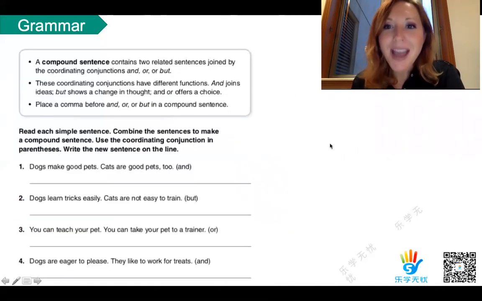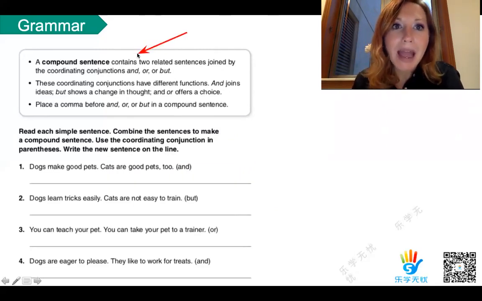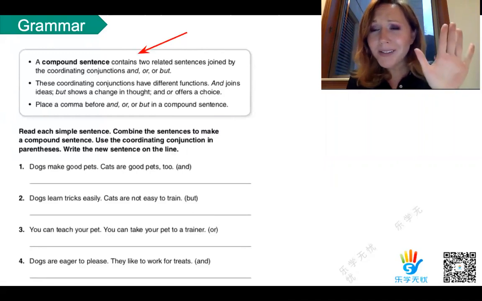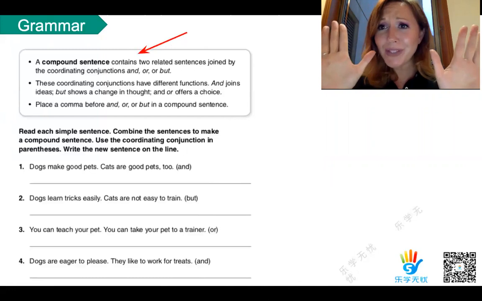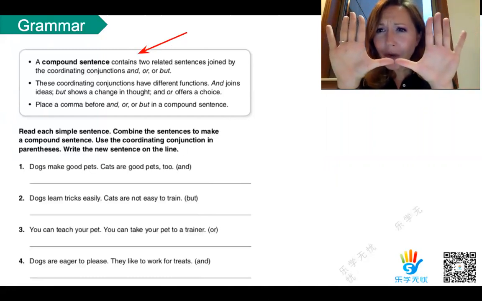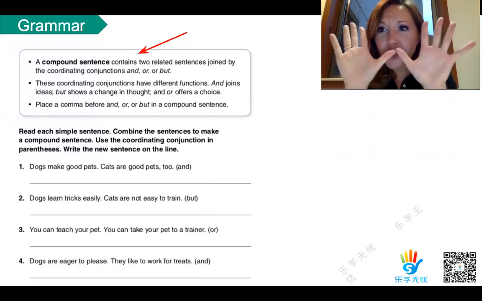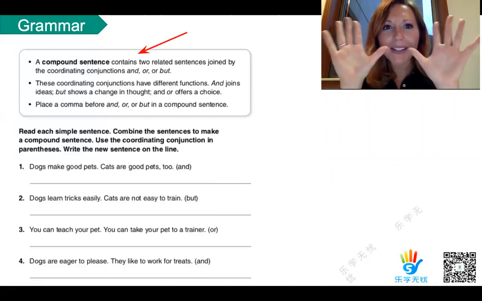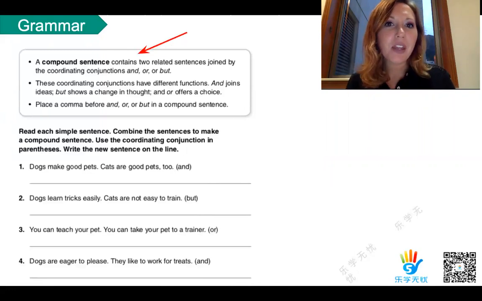All right, so now we're going to look at a compound sentence. Now remember, a compound sentence is going to take one simple sentence and another simple sentence and build a bridge with a conjunction like and, or, but. Okay? Very good.